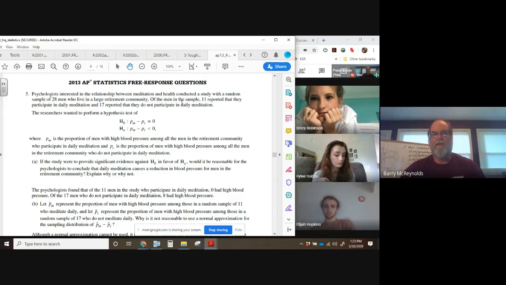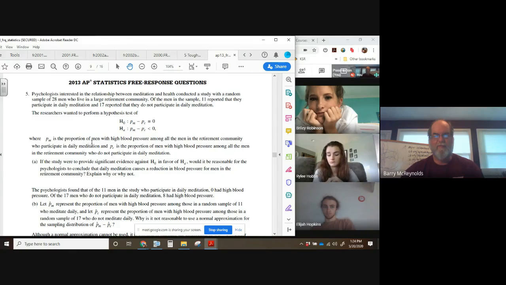Of the 11 men in the sample, okay, highlight words like sample, because it gives you clues to how you're going to answer. 11 reported they participate in daily meditation. 17 reported they do not participate in daily meditation. So they want to do a hypothesis test where the null hypothesis is PM minus PC.